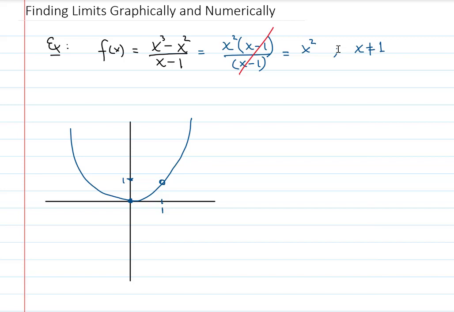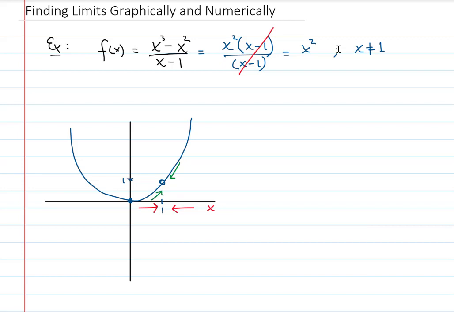Here, if I wanted to ask you, where is this function going as x approaches 1? As it's getting closer and closer to 1, where is this function actually going? As x is approaching 1 from the left or the right, where is this function going? It's getting closer and closer to that hole there.